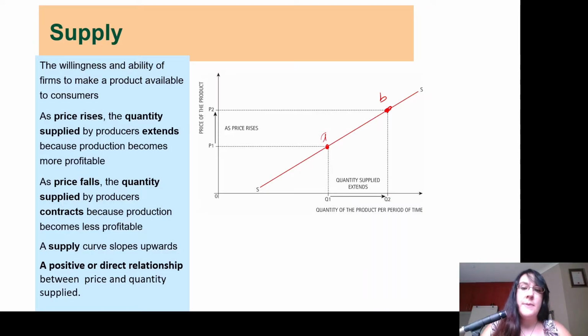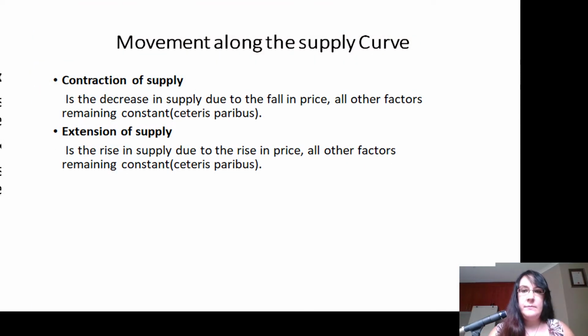Positive relationship. Then I can also look at a movement from B to A, which is the opposite, and we can say that the price is decreasing and the quantity supplied will be decreasing as well. Suppliers want to be able to supply at a higher price.